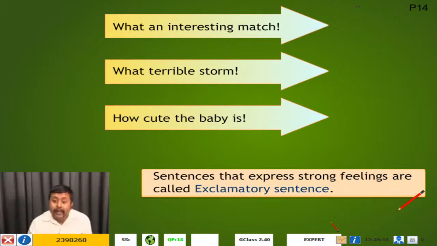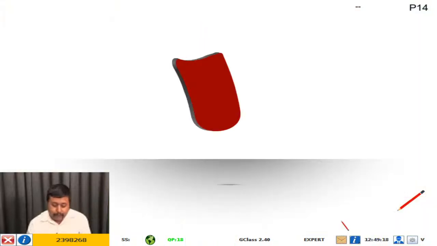We call them exclamatory sentences. So sentences that express strong feelings are called what? Very good. Sentences that express strong feelings are called exclamatory sentences.